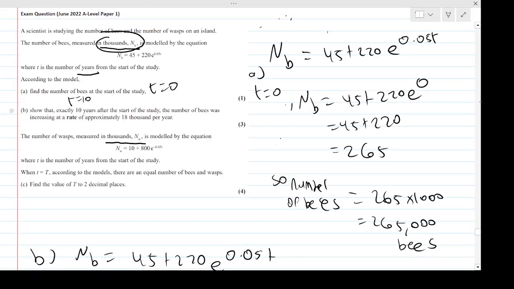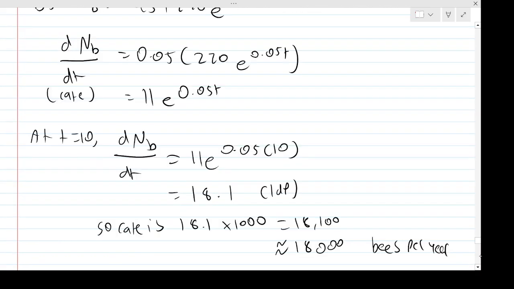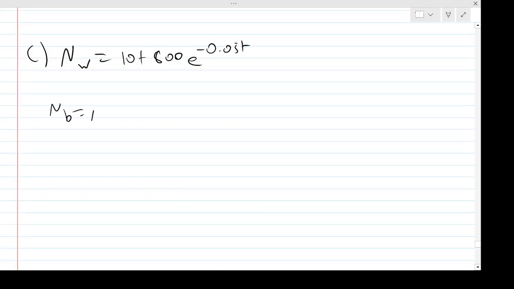Then when t is capital T, according to the models, there's an equal number of bees and wasps. So when there's an equal number of bees and wasps, that means NB has to equal NW, right? Which means the two equations have to be equal.